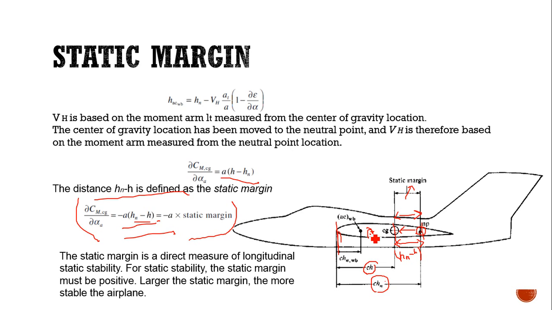If it is at the backside, the aircraft is statically stable. So the condition for static stability is that the static margin should be positive. The larger the static margin, the more positive values we get, and the more stable the airplane.